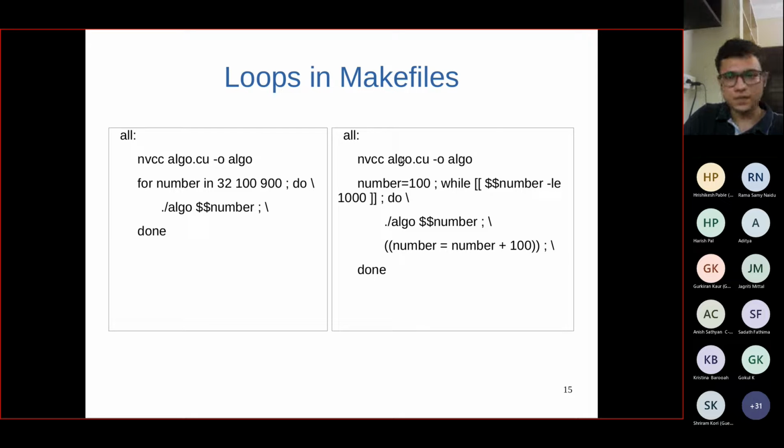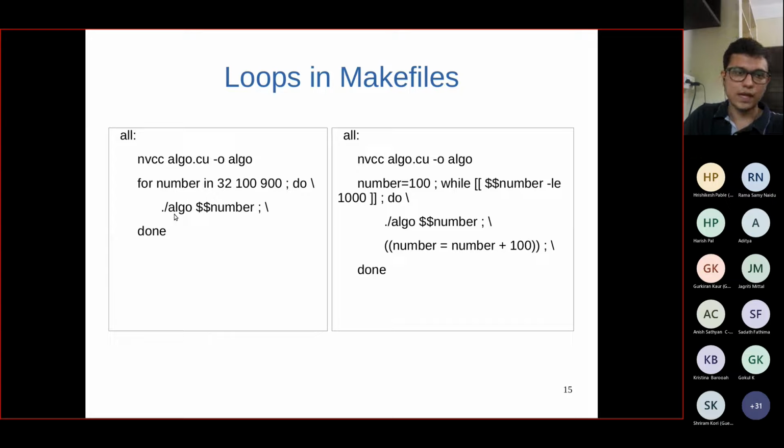And this was about the while loop. We can also use for loops inside the makefile, and the syntax is very similar to the while loop. You just need to specify the looping variable, then the in keyword, and then all the numbers for which you want to run the loop.